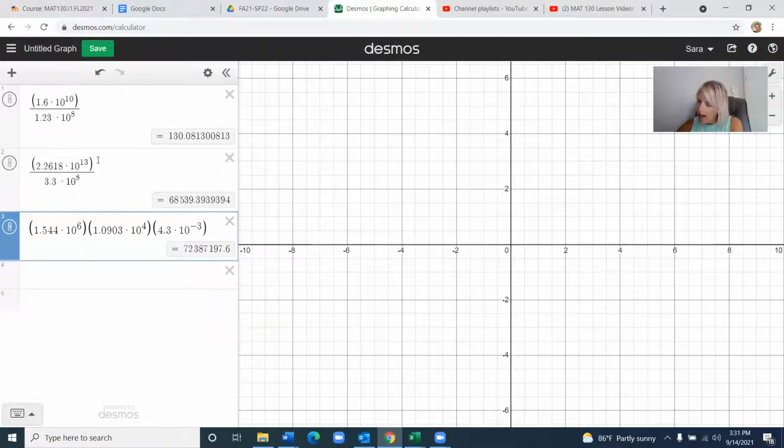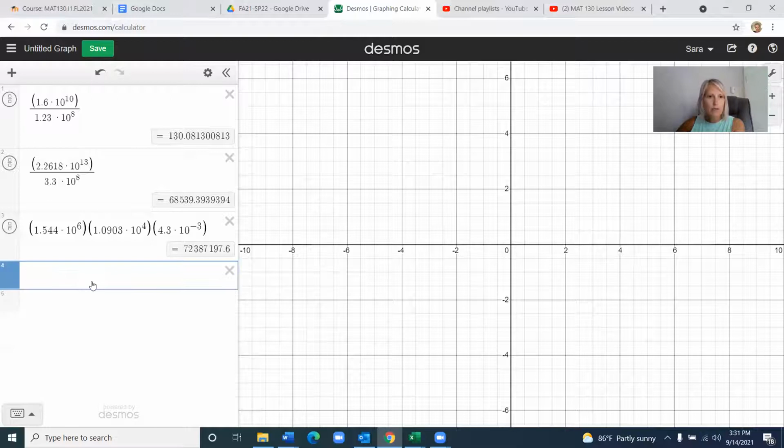How many miles high is our stack of tax proceeds? So we have to take our 72,387,197.6 inches and turn it into miles. How many miles high? So I can go from 12 inches to 1 foot. So actually, why don't we just leave it on the Desmos and let's just do it here.